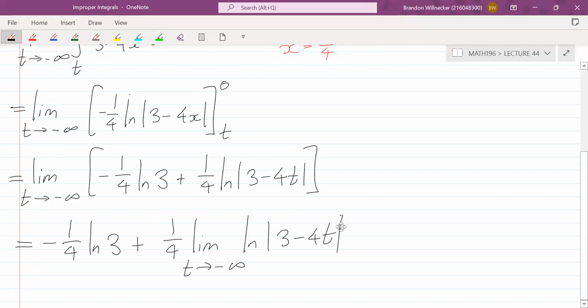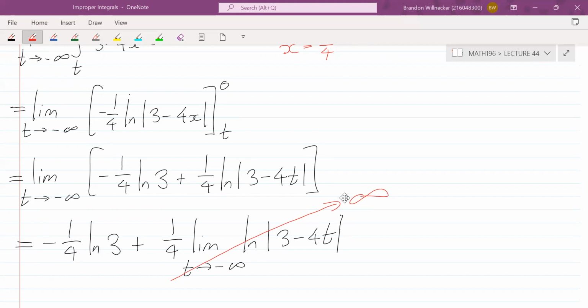As t goes to minus infinity, the inside part of the log goes to plus infinity, because it ends up being 3 plus infinity. Now, the natural log of infinity just goes off to infinity. It's unbounded. In other words, the second part diverges.